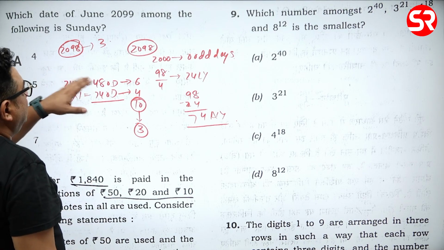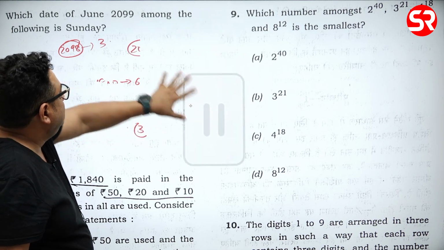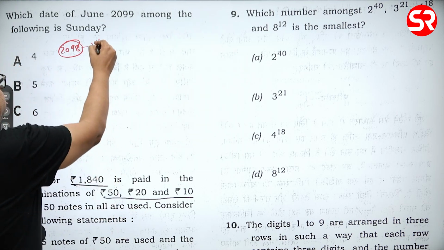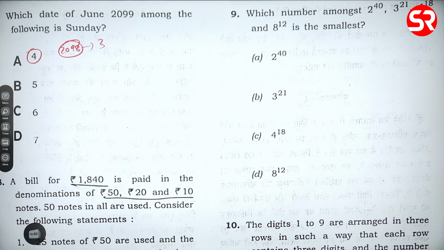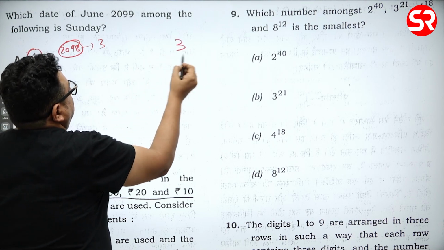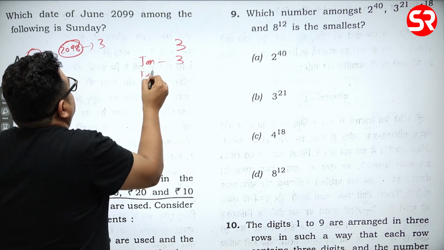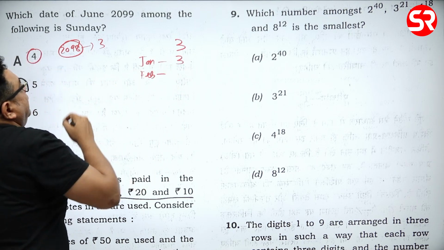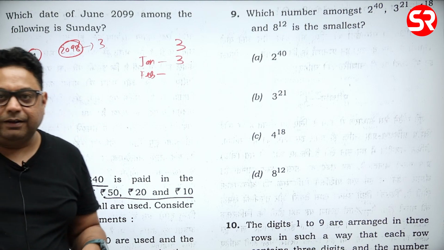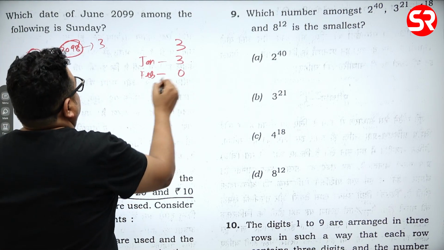So I have written it, right? Then month-wise, you have to go till June. Suppose I go till 4th June. So 2098, 3 odd days. January, again 3. February, see, I have entered 99, and year 99 is not a leap year, so February 0, right?